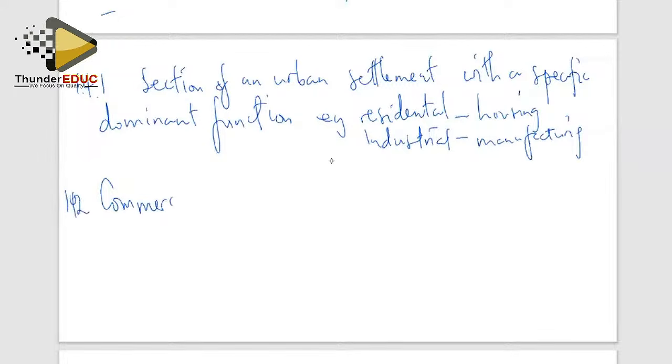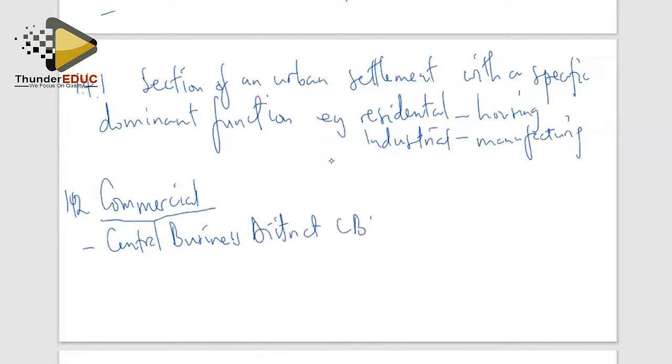When we're talking of commercial functions, we're talking of business functions. So the main land use zone with commercial functions is the central business district, or in short, the CBD. That is the one that accommodates most of the commercial activities.